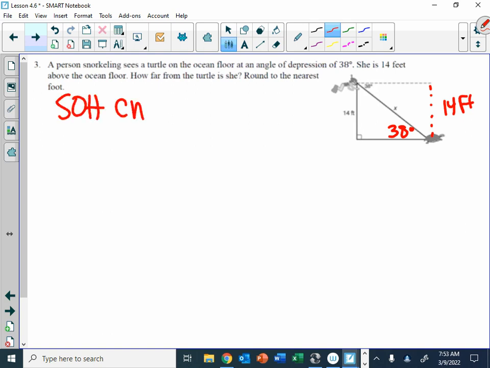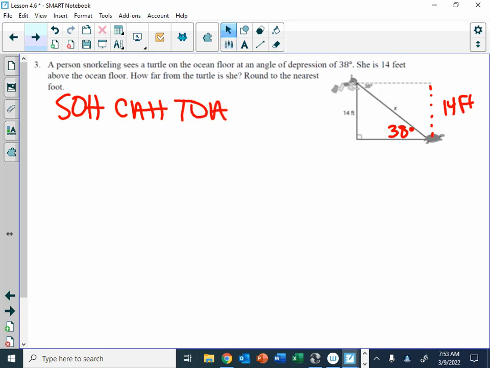Figure out which trig ratio. SOHCAHTOA. So I know I have a hypotenuse. Which one gets eliminated immediately? Tangent. Tangent's gone immediately. That one doesn't deal with the hypotenuse. Okay, 14. So relate it back to the 38 degrees.